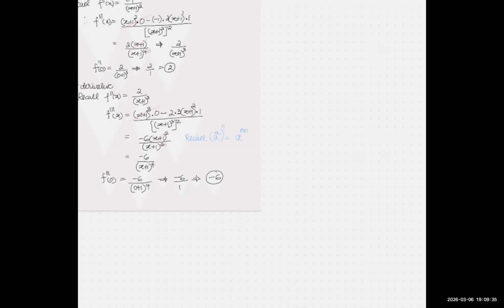Having evaluated those differentials at 0, then we're going to be substituting them into the formula. So f of 0 is going to be f of 0 over 0 factorial. But we all know that 0 factorial is 1. Right?